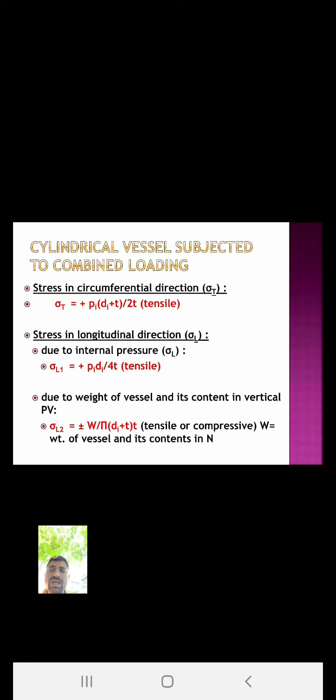Remember that if the corrosion allowance is considered, then C is there, and t is equal to Ts minus C, shell thickness minus corrosion allowance. Remember that, this is important. The thickness of the cylindrical vessel shell with the corrosion allowance is denoted by Ts, and corrosion allowance is denoted by C. This is the first stress, the stress in the circumferential direction.